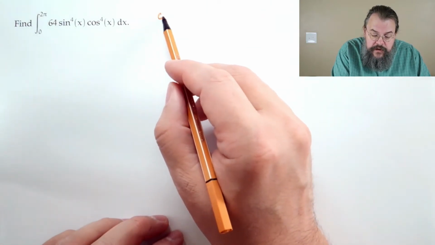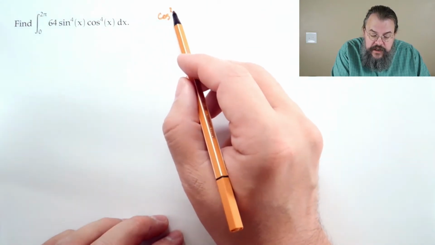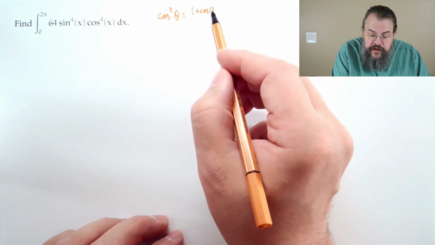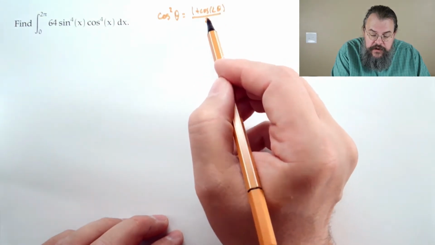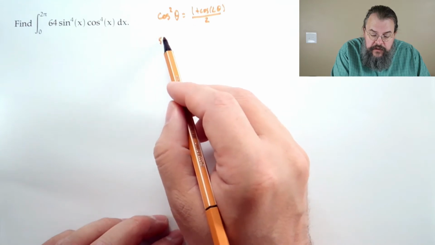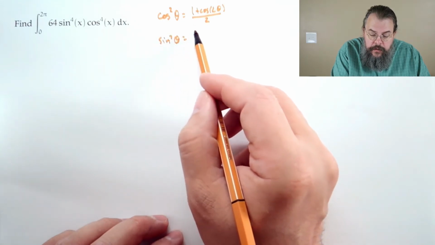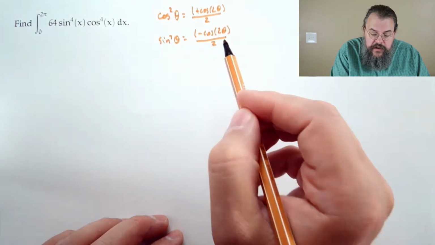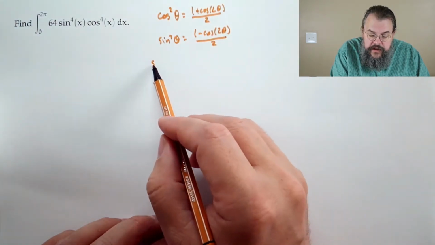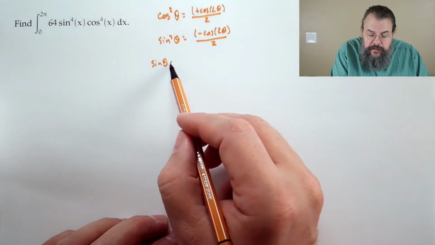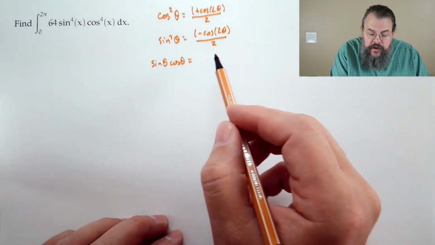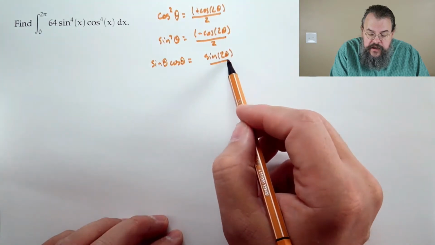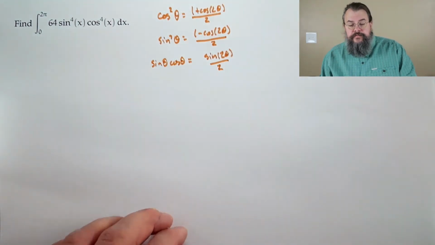The ones that we actually call power reductions: cosine squared is 1 plus cosine 2 theta over 2, sine squared is 1 minus cosine 2 theta over 2. And then there's sine times cosine, which is sine of 2 theta over 2.